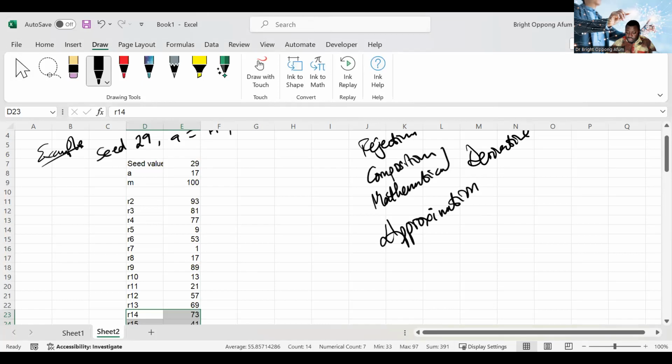All right, so let's go back to random numbers for a typical distribution.